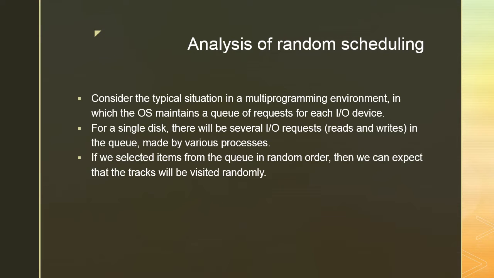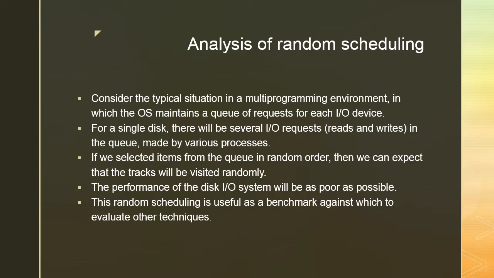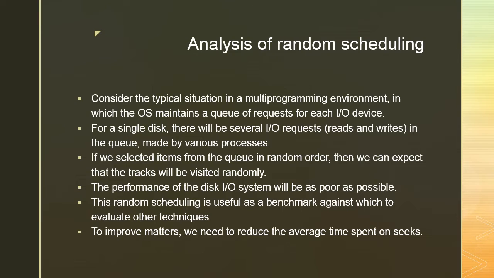If we selected items from the queue in random order, then we can expect that the tracks will be visited randomly. The performance of the disk I/O system will be as poor as possible. This random scheduling is useful as a benchmark against which to evaluate other techniques. To improve matters, we need to reduce the average time spent on seeks.